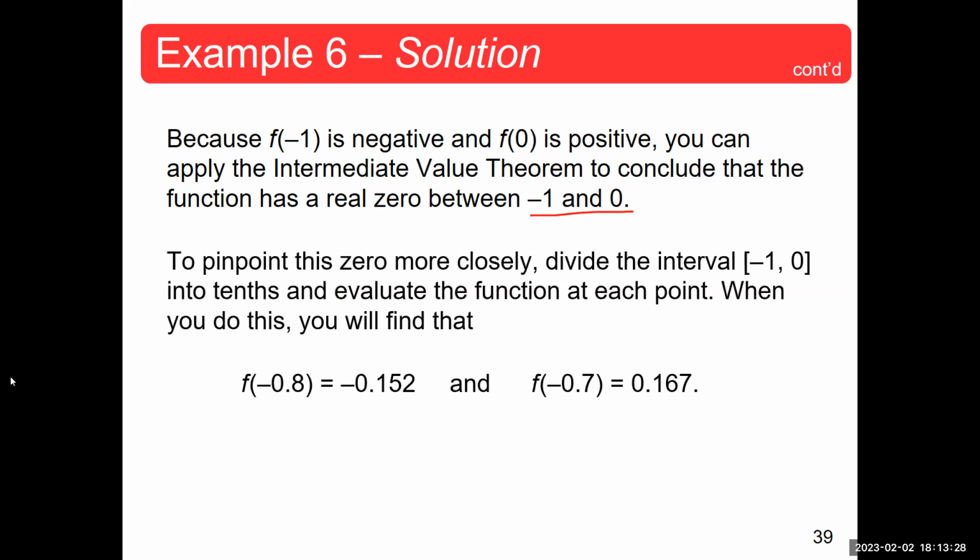Then they tried negative 0.08, negative 0.07. So the answer is between these. Well, we need to do the table. That is complete guessing. They are not telling us how they got these numbers. The best thing to do, you go back.